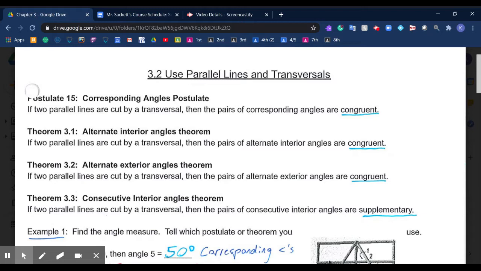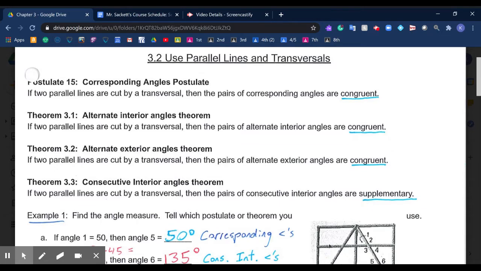Then we have theorem 3.3, the consecutive interior angles theorem. And the consecutive interior angles theorem says if two parallel lines are cut by a transversal, then the pairs of consecutive interior angles are supplementary. So they add to 180 degrees.